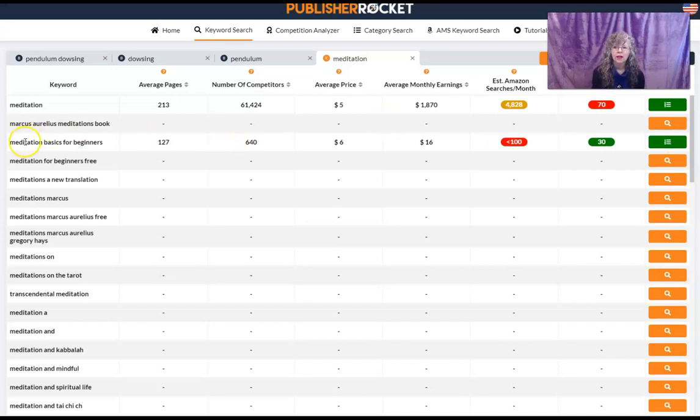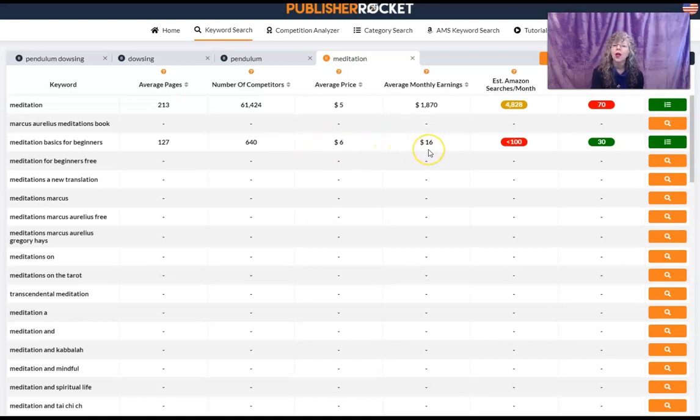The average book that says this as a key phrase has 127 pages. There's 640 competitors, which is great, almost none, basically. In the Amazon world, that's very low for a key phrase. The average price of those ebooks is $6.